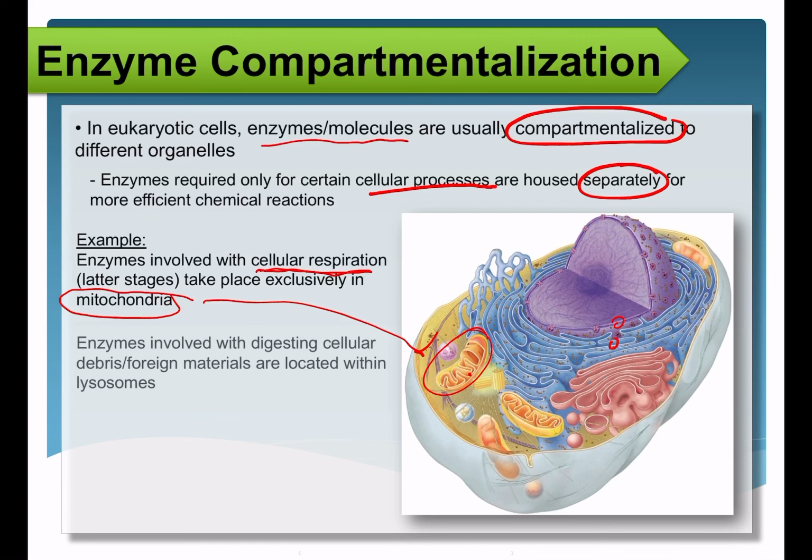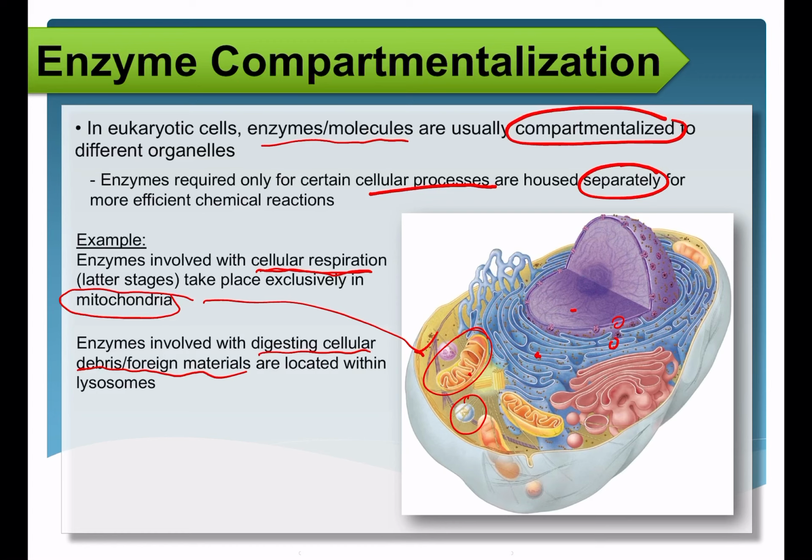And on the same line, enzymes involved with digesting cellular debris and foreign materials are located in lysosomes. For example, these little spherical organelles there. We won't have enzymes for breaking down things in the nucleus or on the rough ER, or else we'll be in trouble. We'll be breaking down things we're not supposed to be breaking down.